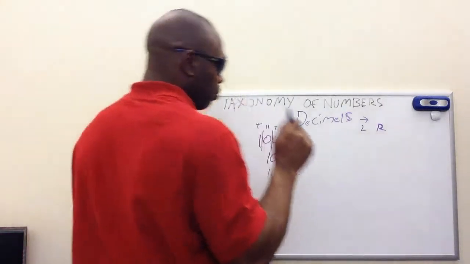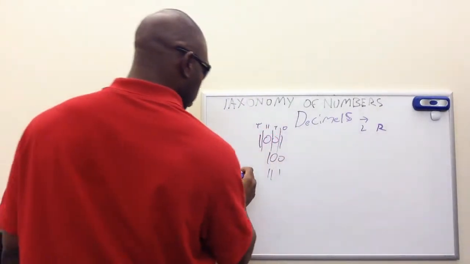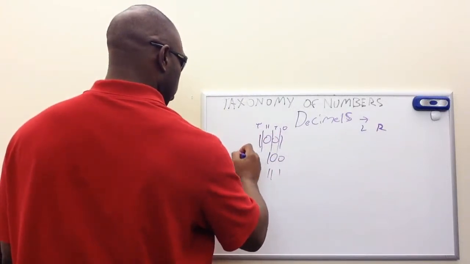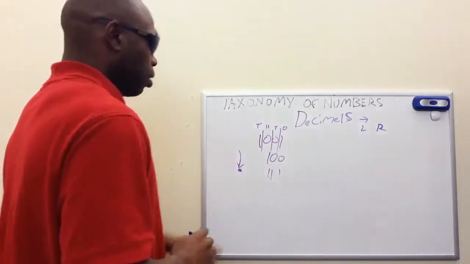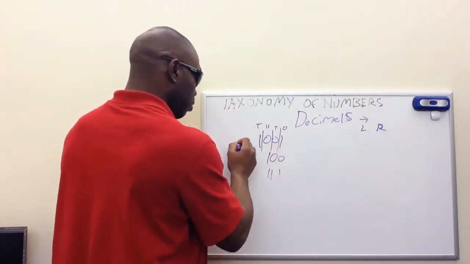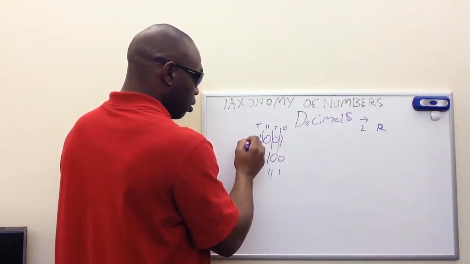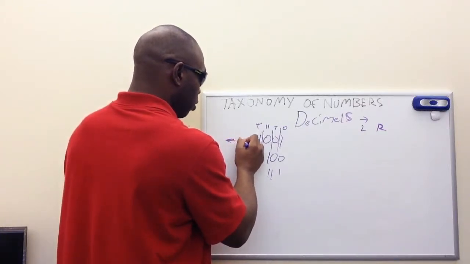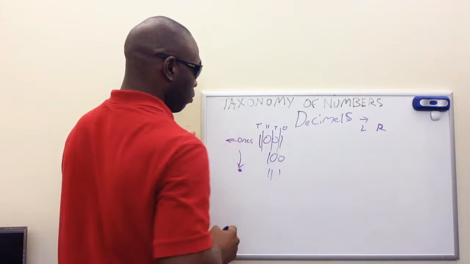The decimal is always the ones value. To the left of the decimal is always the ones value.